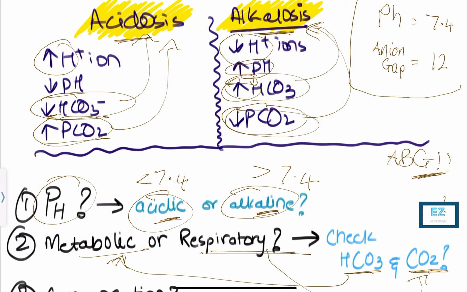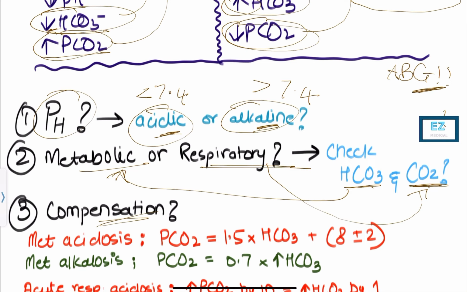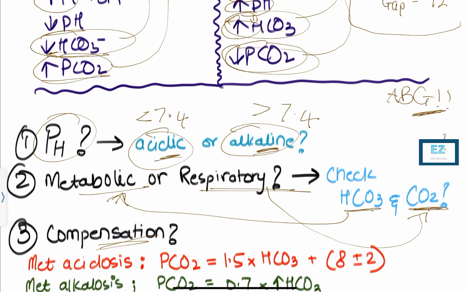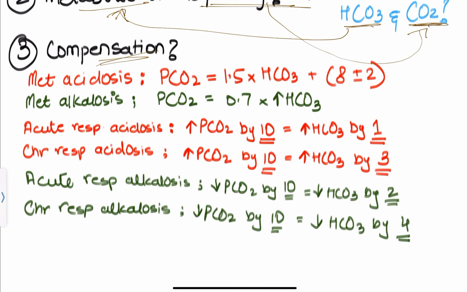Now then, the body has a homeostasis position where it tends to make a compensatory effect. How does the body compensate? We look at the certain diseases. So let's start with the first case where we have a metabolic acidosis, and all you have to do is just plug in these values.